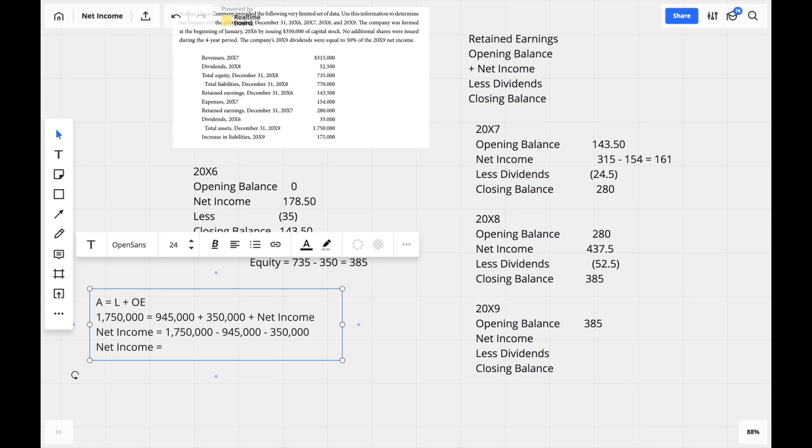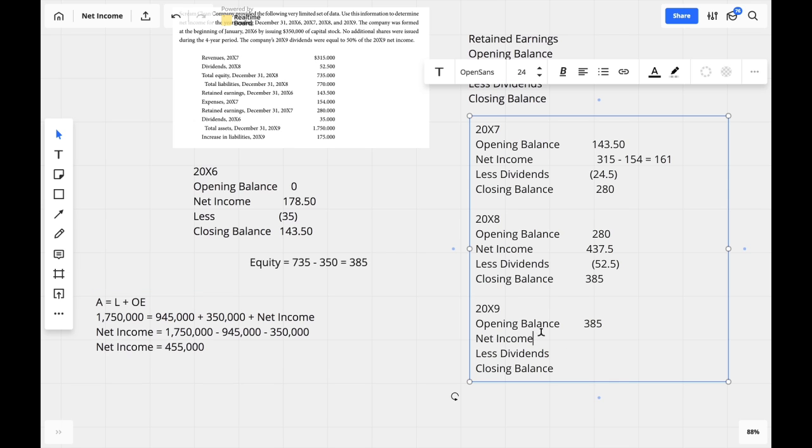So let's work this out. So you go 1750, work with me here, minus $945,000 and minus 350,000. So we've actually got 455,000. And so just to finalize this, 455,000, we've actually got a dividend which is 50%.